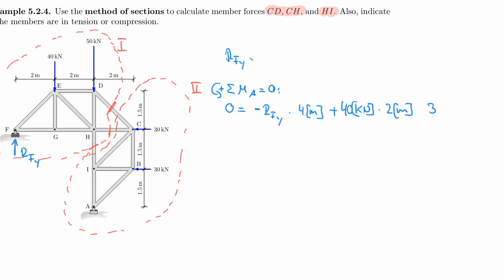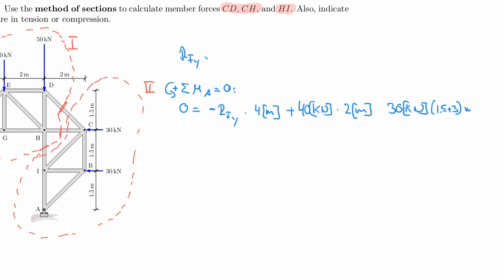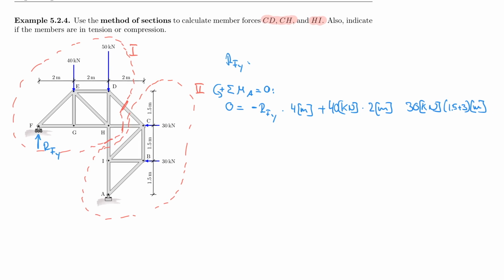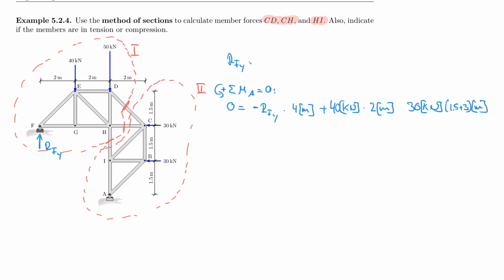So 30 kilonewton, and that's the same one multiplied by 1.5 and by 3, right? So I have 1.5 plus 3, and that's in meters. And they both rotate the same way around, otherwise I couldn't have combined those, but they both turn counterclockwise, therefore that's also positive.